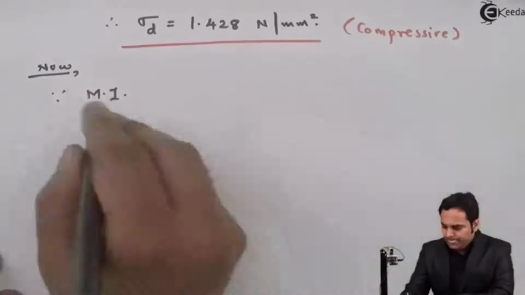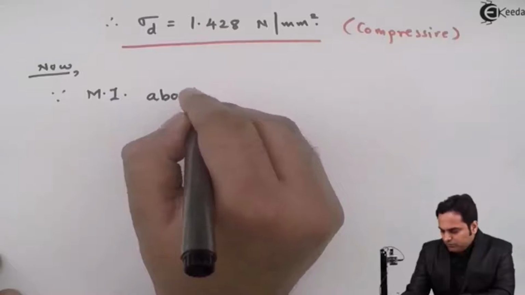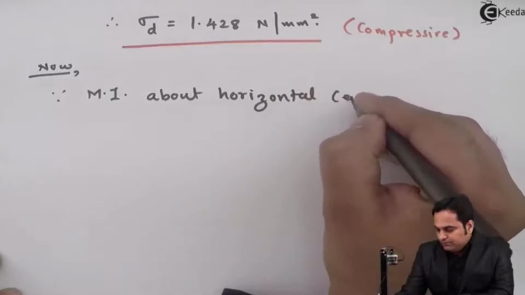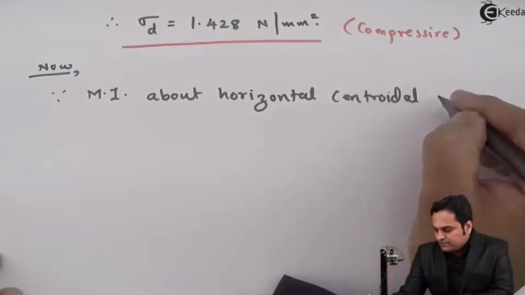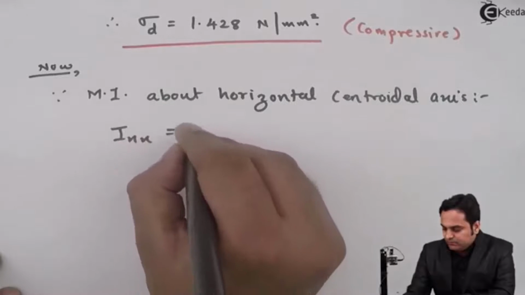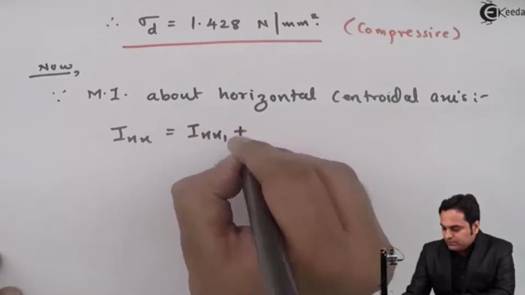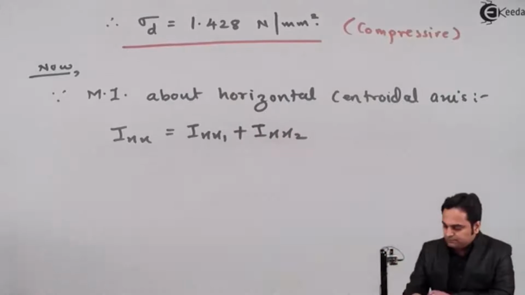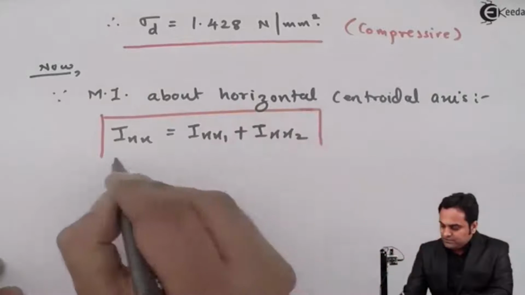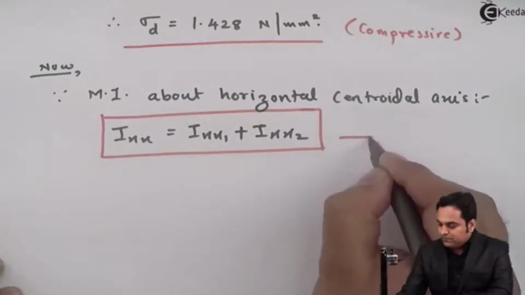Since MI about the horizontal centroidal axis is given by Ix is equal to Ix1 plus Ix2, keeping this as equation second.